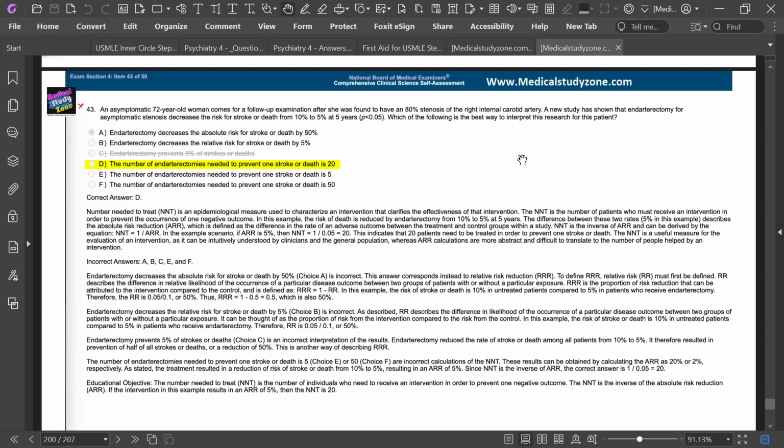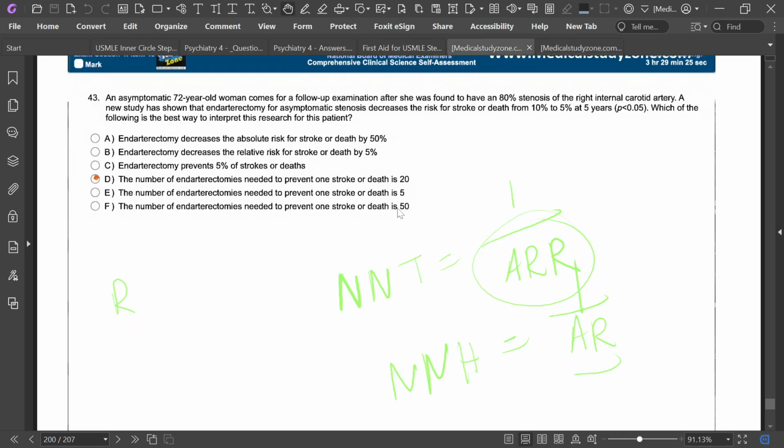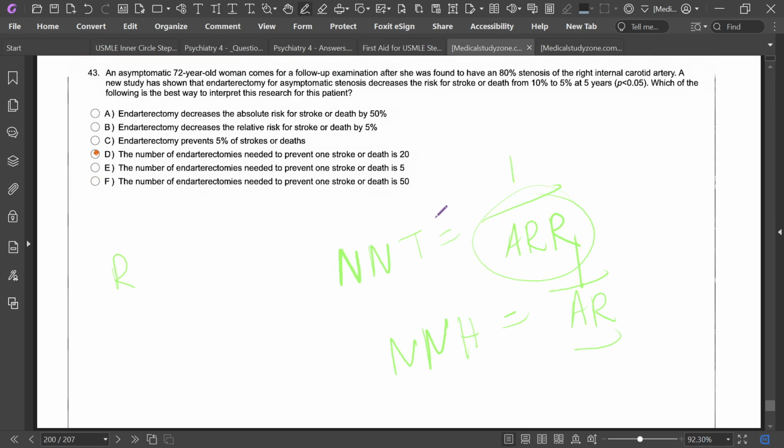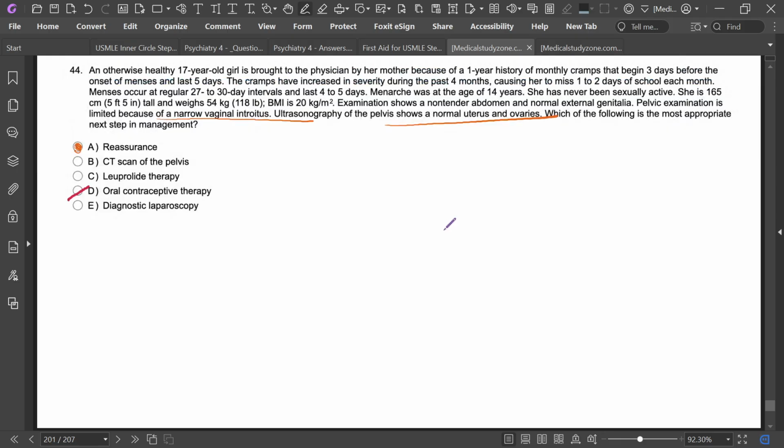Menarche was at 14. She has never been sexually active. She is 5'5" and BMI is fine. Exam shows a non-tender abdomen and normal external genitalia. Pelvic exam is limited because of a narrow vaginal introitus. Ultrasound of the pelvis shows a normal uterus and ovaries. Which of the following is the most appropriate next step in management?